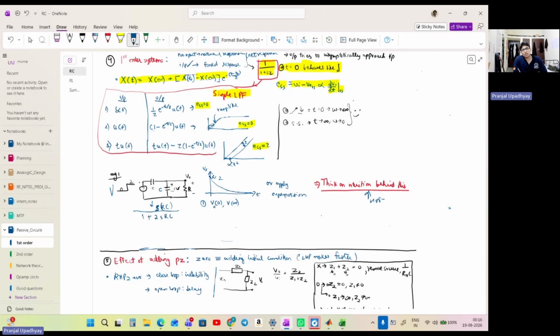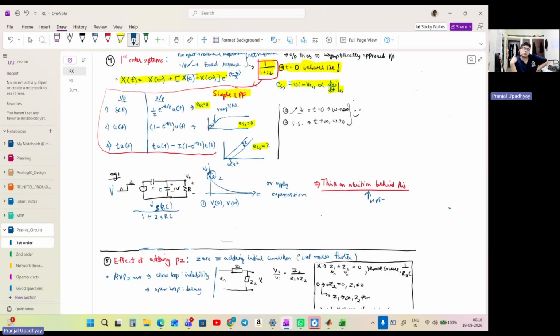We can understand that here the zero is present, and here we have basically fed in a step input, and this input is decaying like this, right? But note here that there is also an impulse present over here, right? Whatever intuition we try to build, the impulse in this direction is there because this circuit had an initial condition of 1 volt, right?